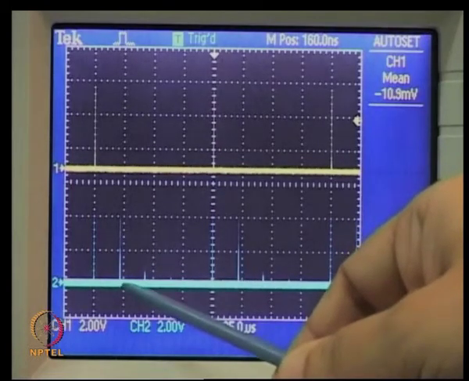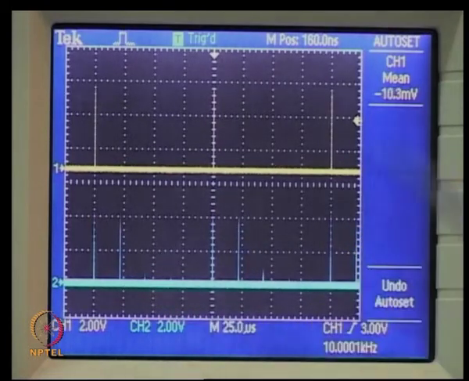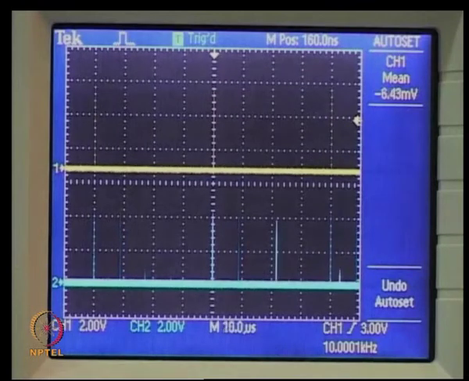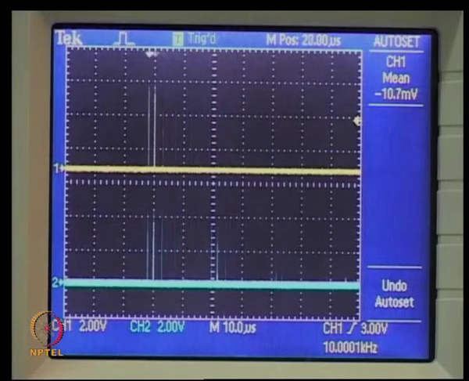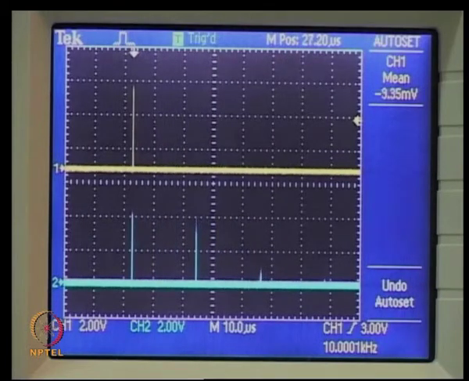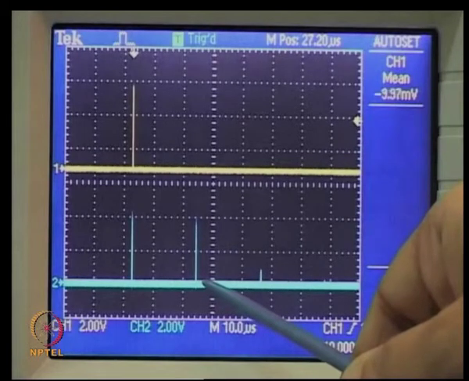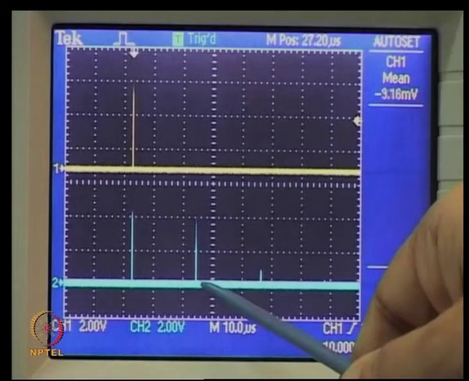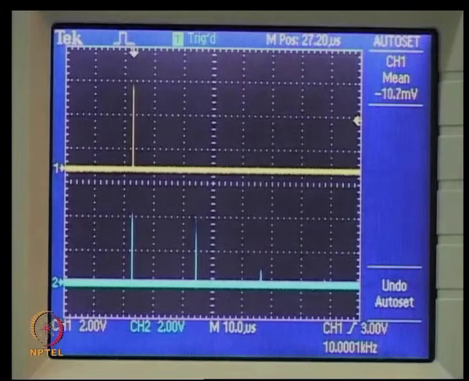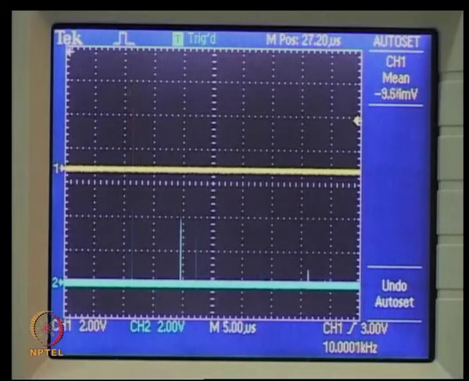Now we will see the second peak at the receiver. This second peak at the receiver is after the light traveled 4 km in the fiber, after one lap in the fiber.